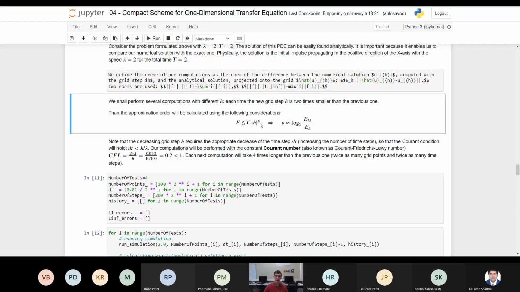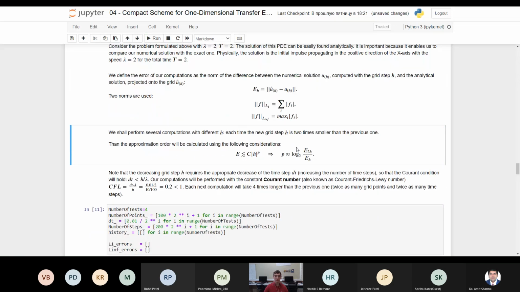And if we compare the errors with grid step h and with the grid step twice larger, then we can calculate the numerical convergence order p as the logarithm of this fraction of errors.